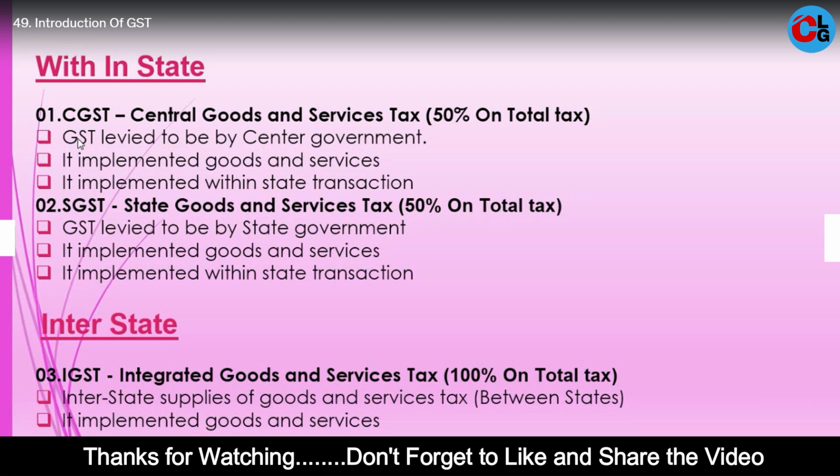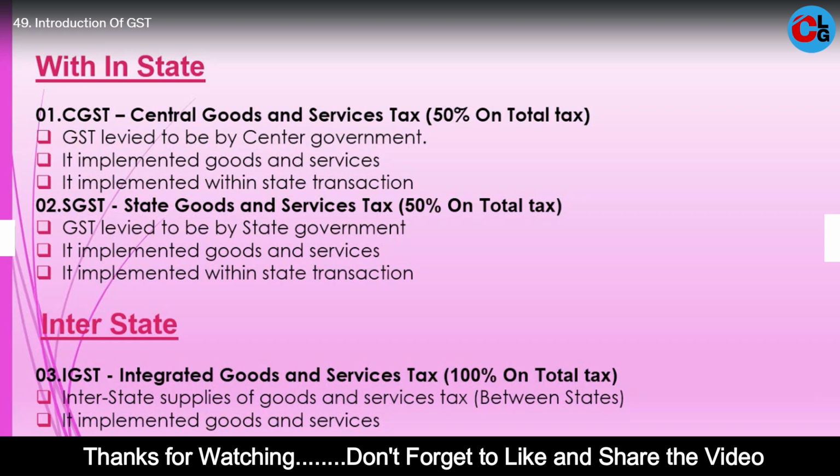Right? So CGST is levied by the central government on goods and services, and it's implemented within state transactions. SGST is levied by the state government on goods and services, and it's also implemented within state transactions. Right.